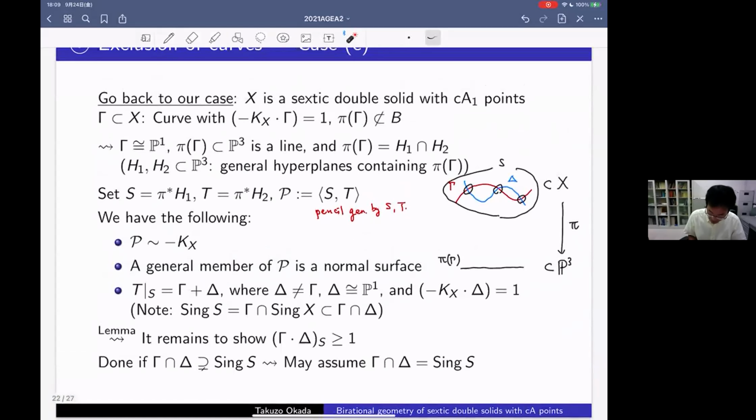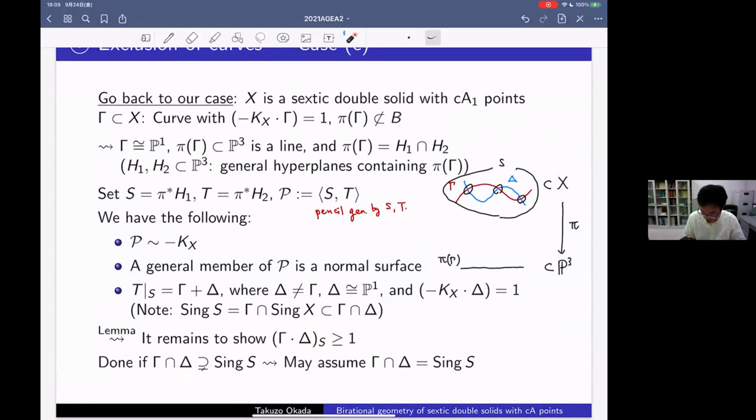Clearly, if these two curves intersect at some smooth point of S, taking the intersection number on S, then the intersection number is clearly at least 1.